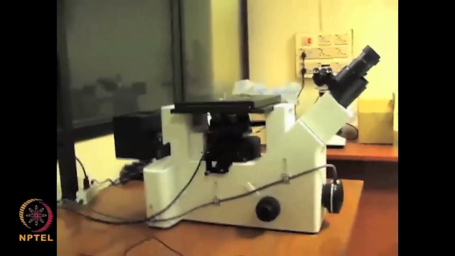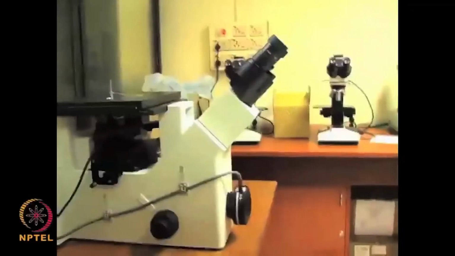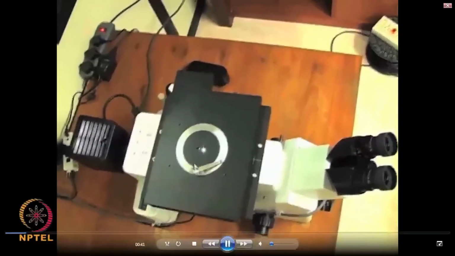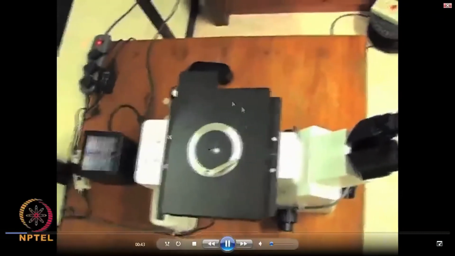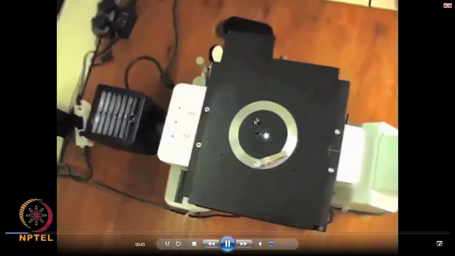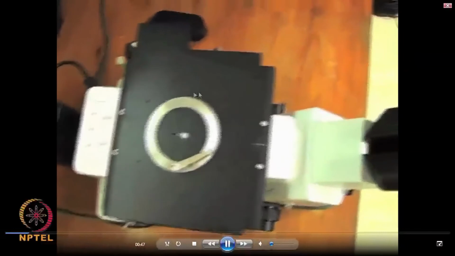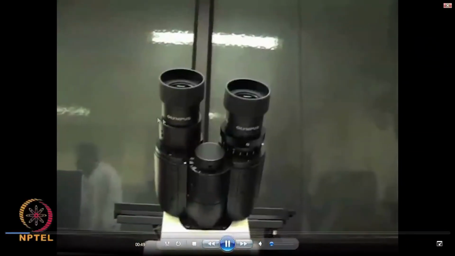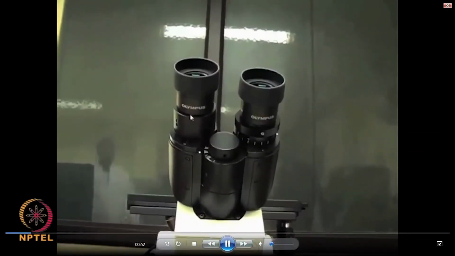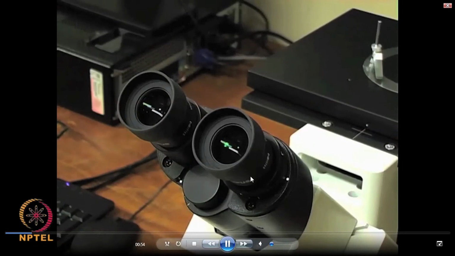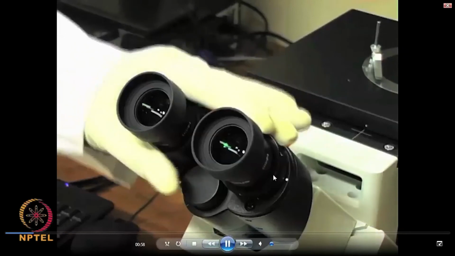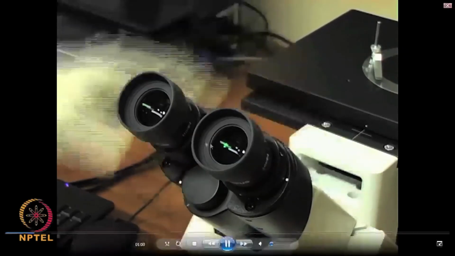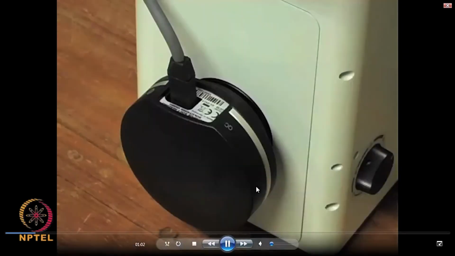I will just show some of the main parts which we have talked about. This is a specimen stage. Since this is a vertical microscope, the specimen stage will be on the top, and these are all oculars and eyepiece. We have now read quite a bit on how the eyepiece will appear.